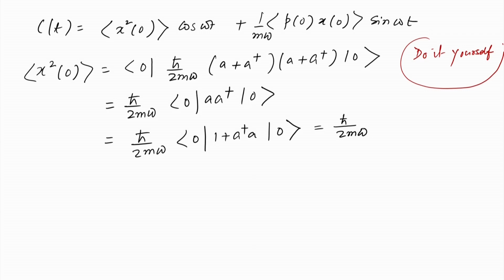Okay. So, the first term in this, let us call it equation 8, is calculated, and now we have to calculate the second term of equation 8, which is 0 p x 0. So, this is equal to m h cross omega by 2, again using the definition of p and x in terms of A and A dagger.